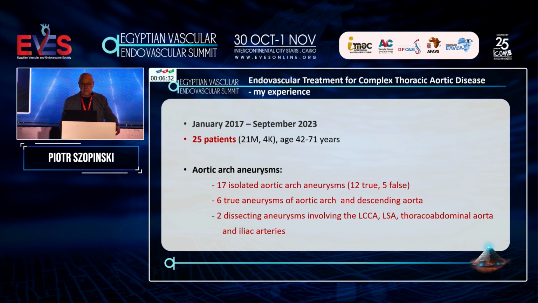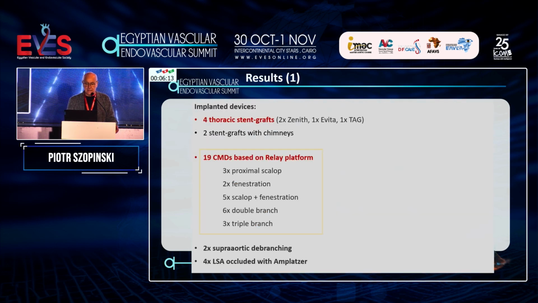As you can see here, we treated 25 patients in this territory with different aneurysms, mostly isolated aortic aneurysm, but also some patients with coexisting aneurysm in the aortic arch as well as in the descending aorta, and with some other vascular problems.